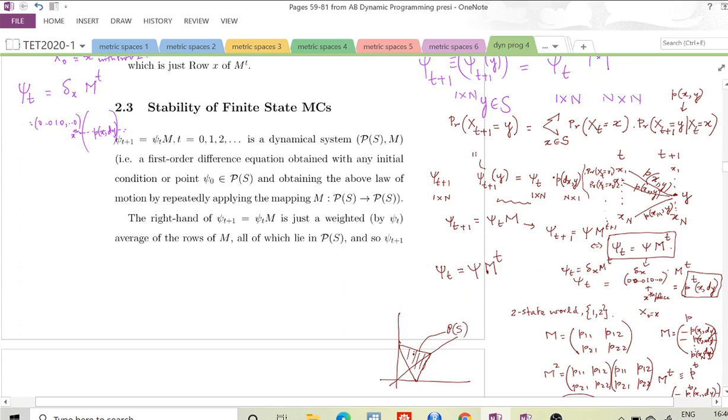So suppose this is the initial distribution, C, okay? So using this formula, what is C1, the marginal distribution at time 1? It's going to be C times M, okay?